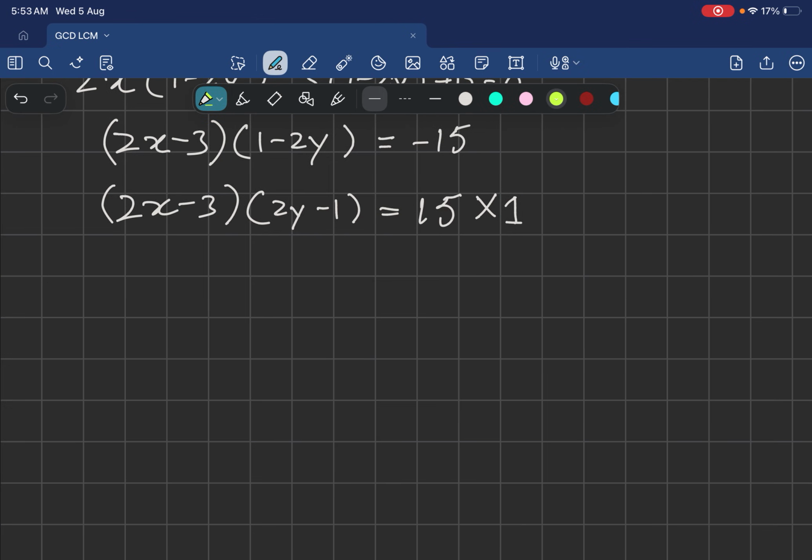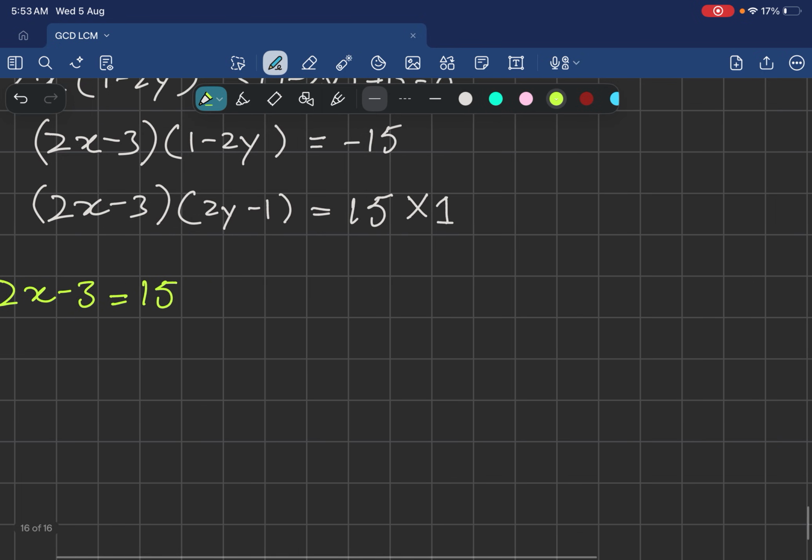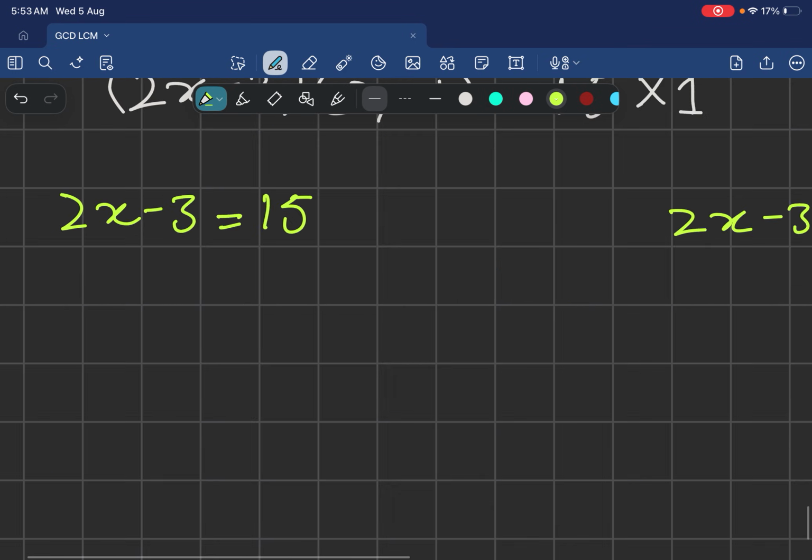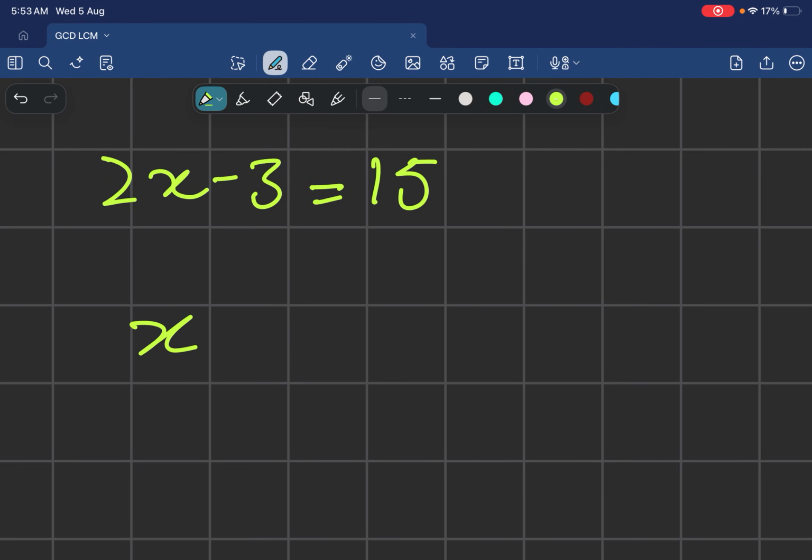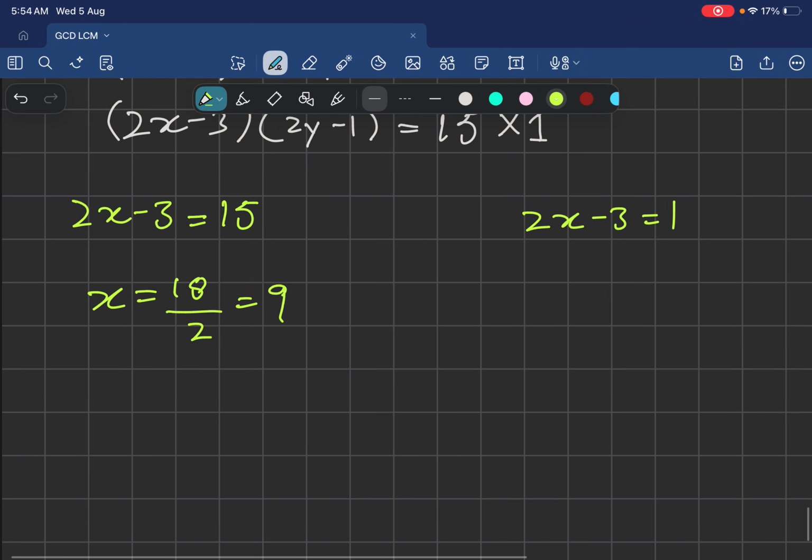So 15 is equal to 1. So there will be two cases again. Case 1 is 2x minus 3 is equal to 15, and case 2 is 2x minus 3 is equal to 1. If 2x minus 3 is equal to 15, that means x is equal to 18 over 2, which means 9.